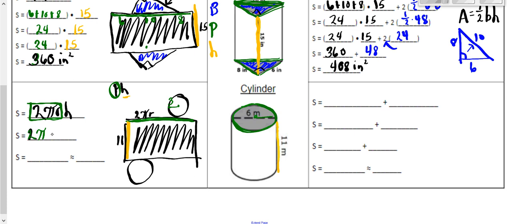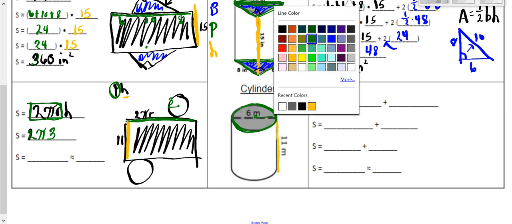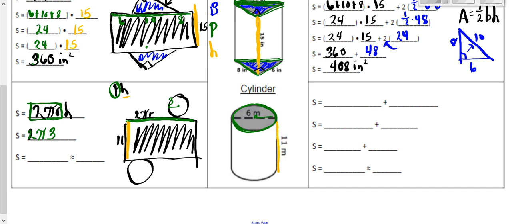So 2 pi times 3 times my height, which is 11. Okay, so to find that middle section, we're going to multiply. And we want to use our pi key in our calculator.